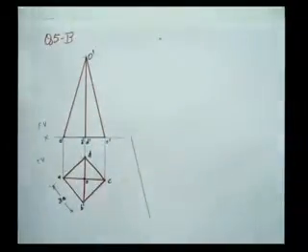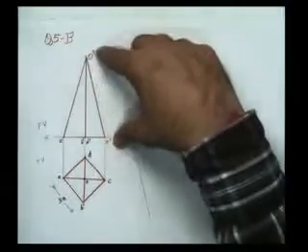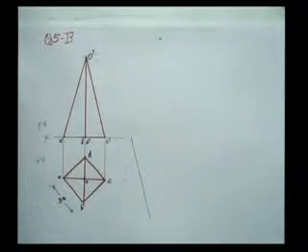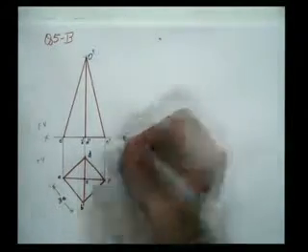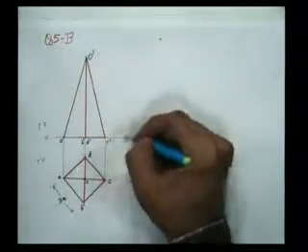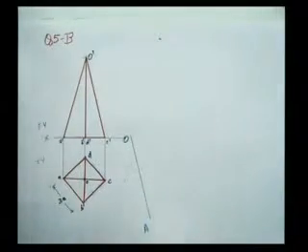This line is exactly parallel and equal to O dash C dash, and I will name this as the center O. This is O and this is point A.